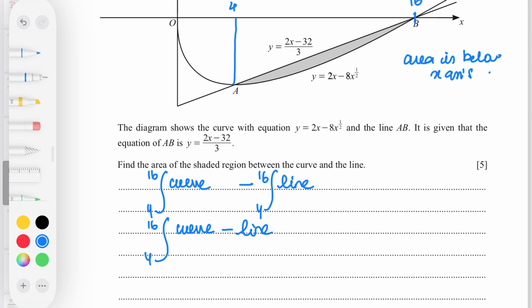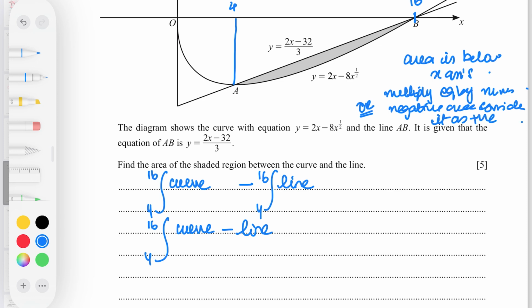So either you multiply the equation by minus, or when you get a negative area, you consider it as positive because area cannot be negative. Okay, now what is the curve equation?